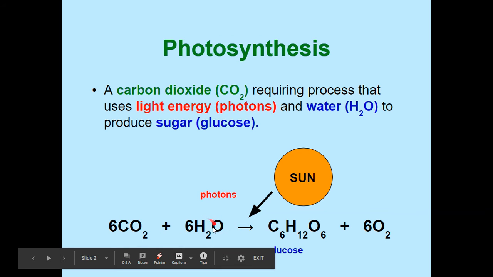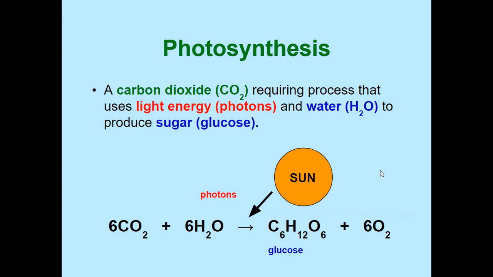We do need water, but it's nice that we can take something we don't need, something we know we need but have lots of, and use this reaction to get something that we need, which is sugar, and obviously oxygen, which we breathe. Okay? And that is what happens in photosynthesis.